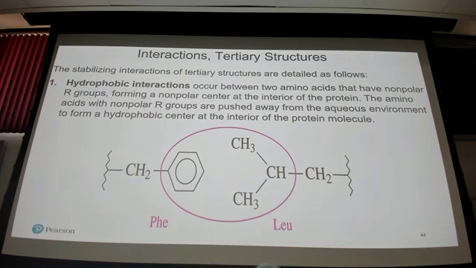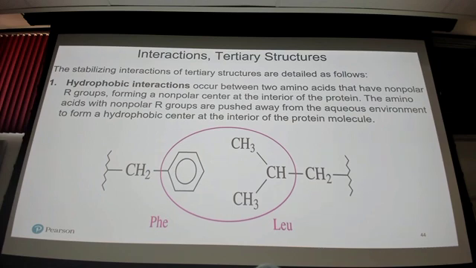Hydrophobic interaction would be formed by R groups that are hydrophobic. So it would have to come from two R groups. I know you just had this within this lecture, but what are the non-polar R groups that we discussed? Aromatic rings, what else? CH alkyl groups, hydrogens.